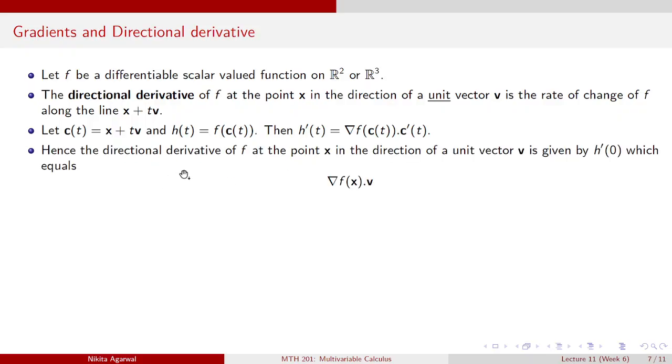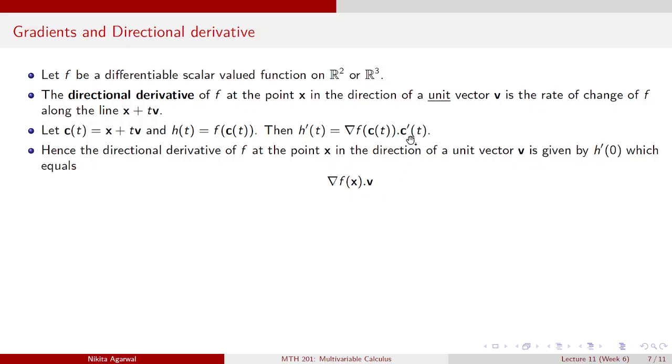And hence the directional derivative of f at the point x in the direction of the unit vector v is given by h prime 0, right? And what is h prime 0? It's gradient of f at c(0). What is c(0)? c(0) is x. So you get gradient of f at x.